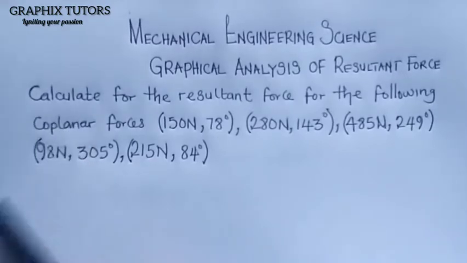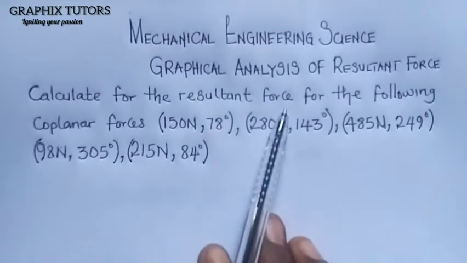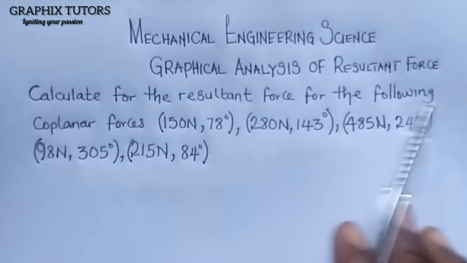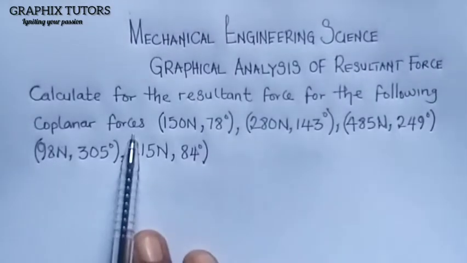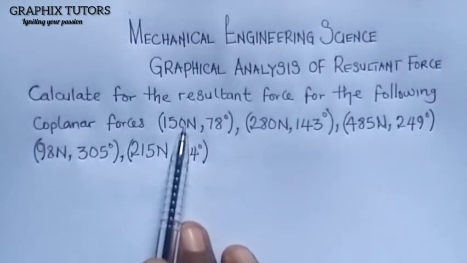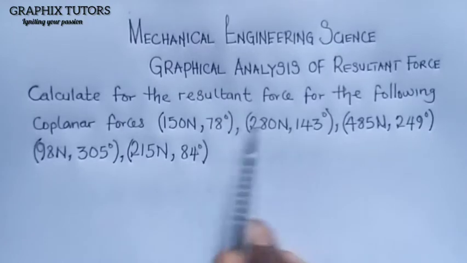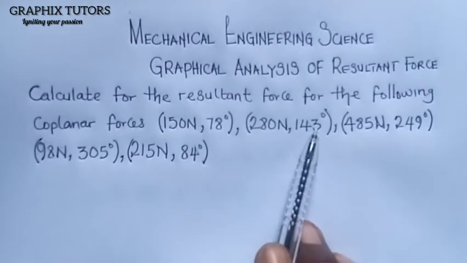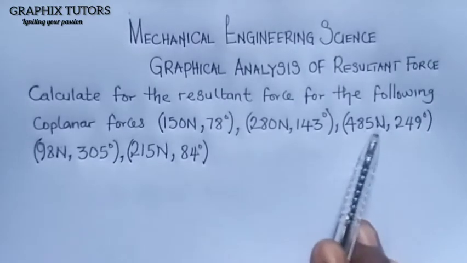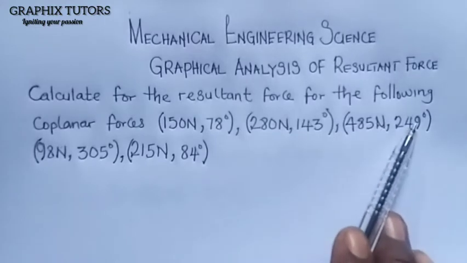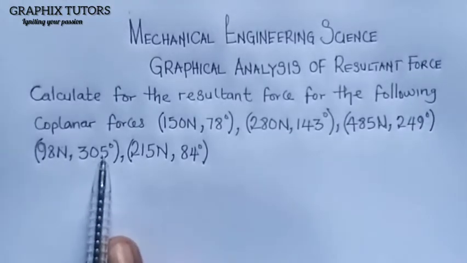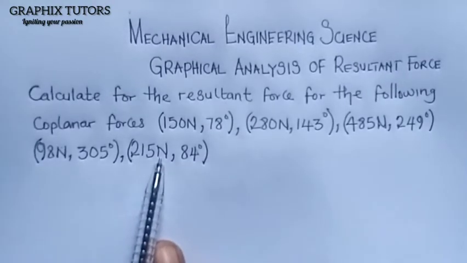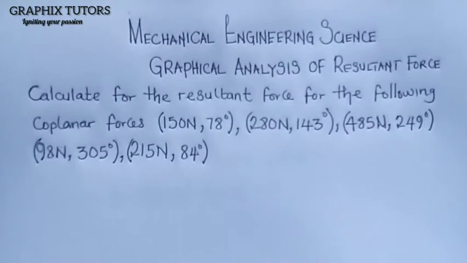It says calculate the resultant force for the following coplanar forces: 150 Newton at 78 degree, 280 Newton at 143 degree, 485 Newton at 249 degree, 98 Newton at 305 degree, 215 Newton at 84 degree.